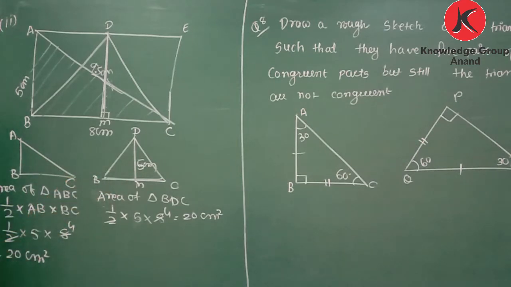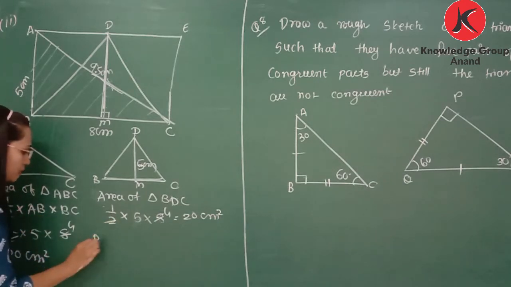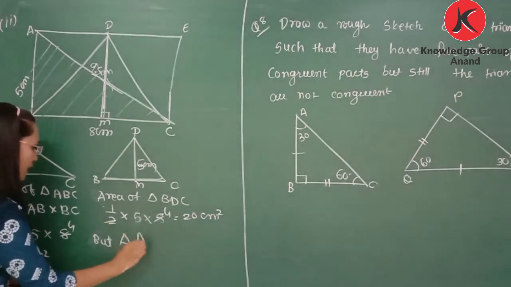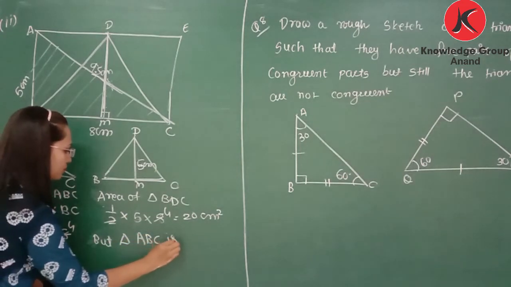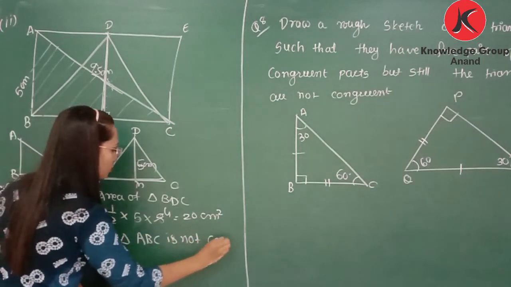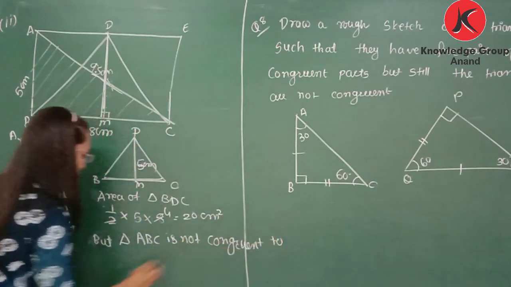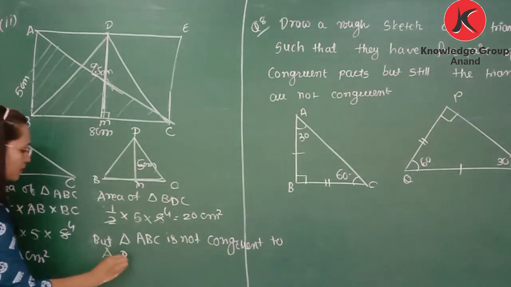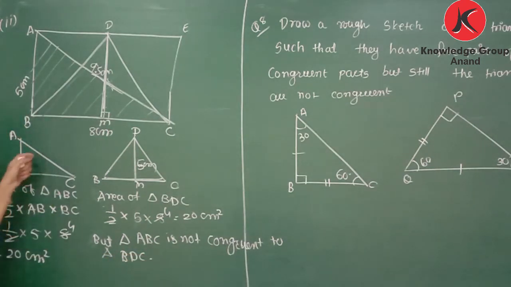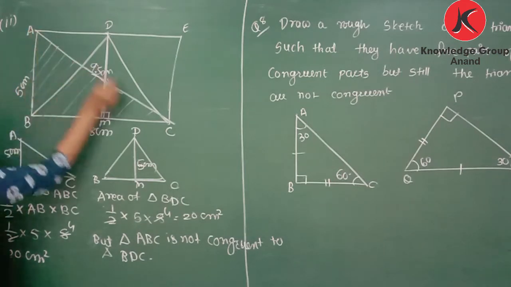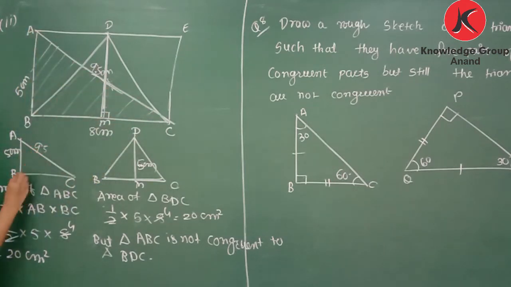Now you need to find the perimeter of both triangles. So let's find the perimeter. Triangle ABC is not congruent to triangle BDC. Now find the perimeter of ABC. Here AB is 5 centimeter. Now consider AC as 9.5 and this as 8 centimeter. So you need to add all three sides.